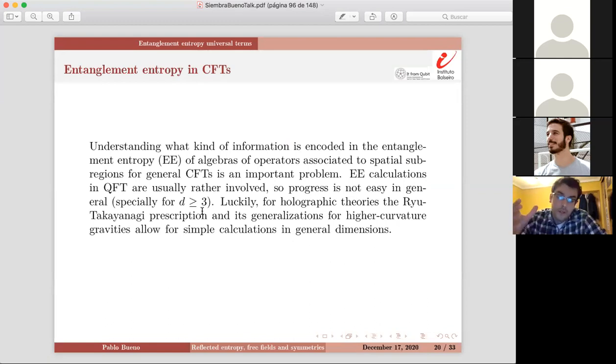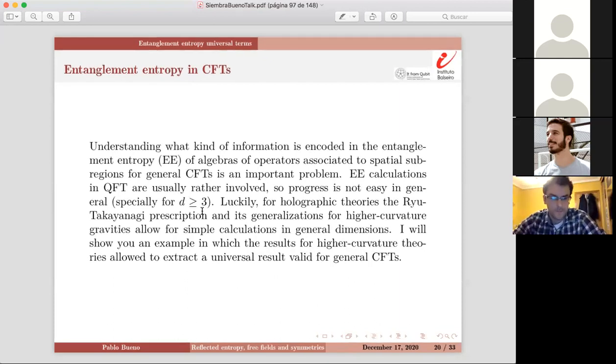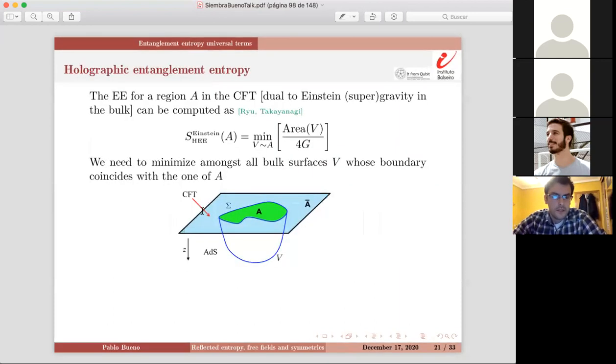So in the case of holography, again, we can use these modified theories because we have the Ryu-Takayanagi prescription and its generalizations that allow for quite simple calculations in general dimensions, compared to the field theoretical ones. So I will show you an example of this. Perhaps I shouldn't spend time telling you what the Ryu-Takayanagi prescription is.